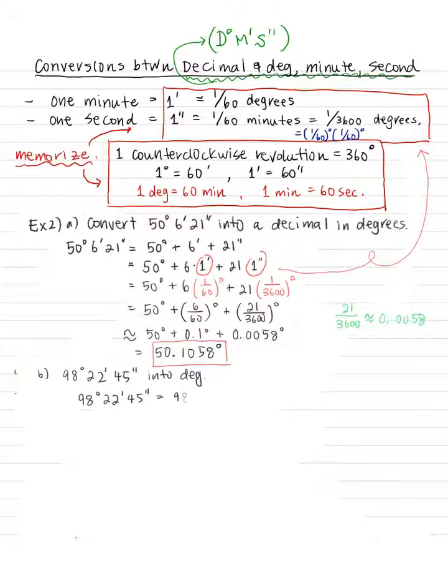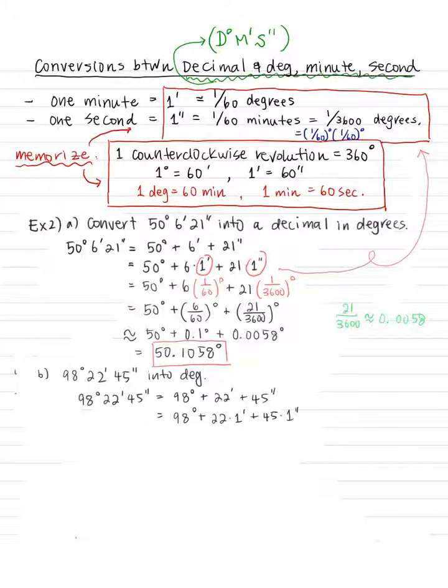So this is going to be 98 degrees plus 22 minutes and then plus 45 seconds. So this is what? 98 degrees plus 22 times 1 minute plus 45 times 1 second.